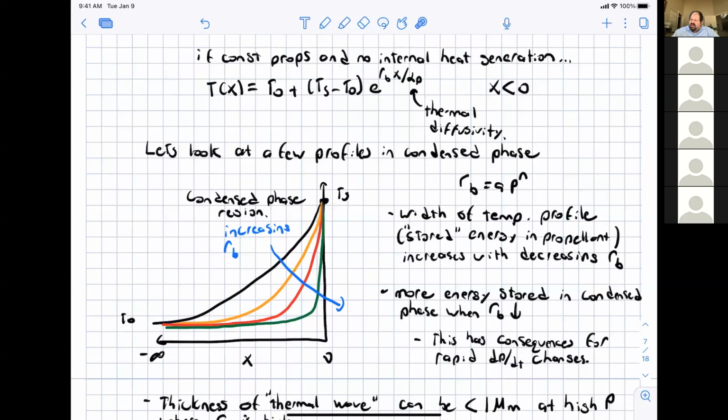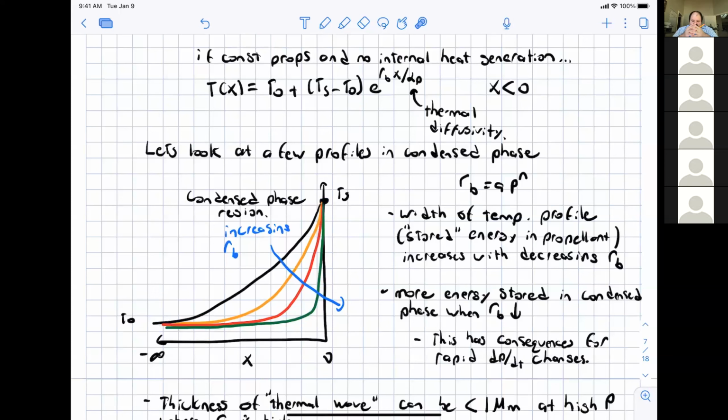And the fact that it takes more time to absorb all of that energy, and it takes more distance inside of the propellant for it to be absorbed, all of those work in slowing the burning rate of the propellant down.